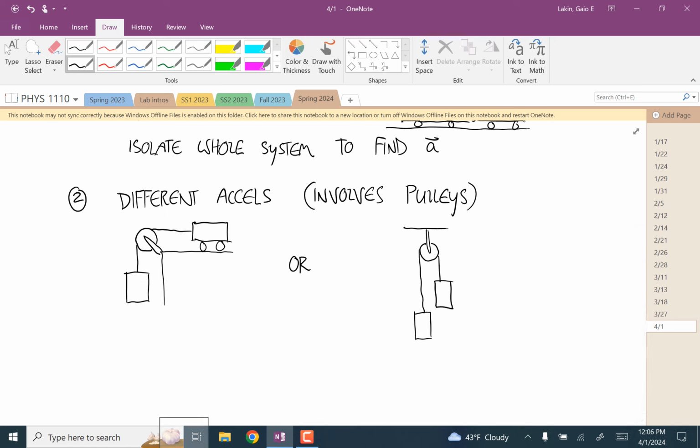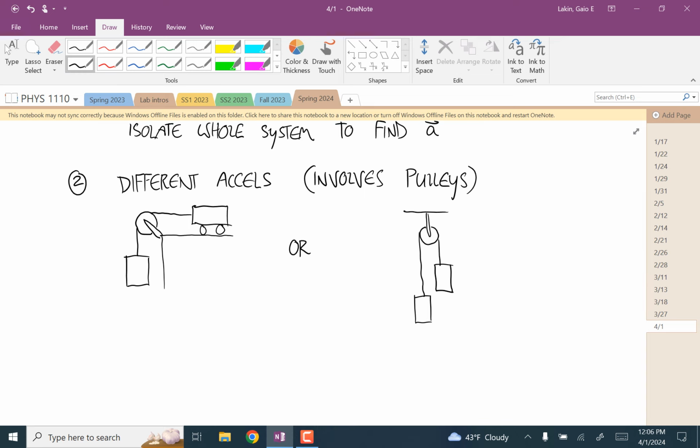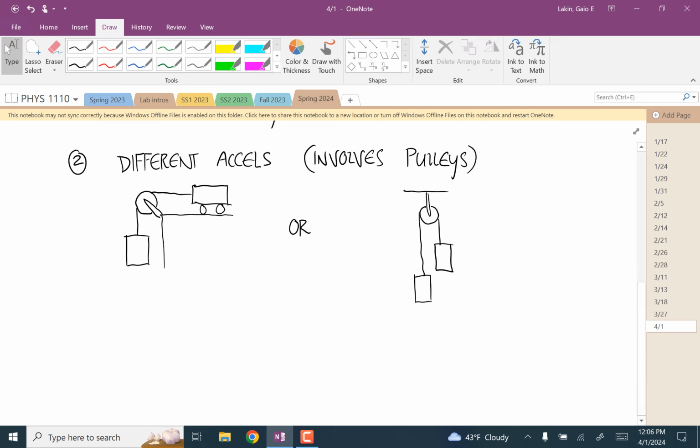The rolling thing in this case is going to accelerate in the negative x direction. And if the ledge was on the other side, the hanging mass would be accelerating in the negative y direction, and the rolling thing would be accelerating in the positive x direction. Okay, so these have to be treated differently. And the first step is just being clear about which one of these two things you're talking about.